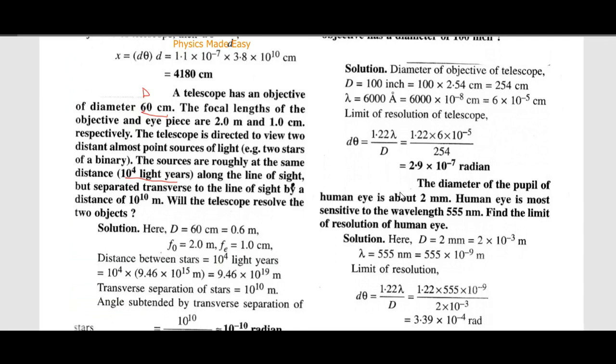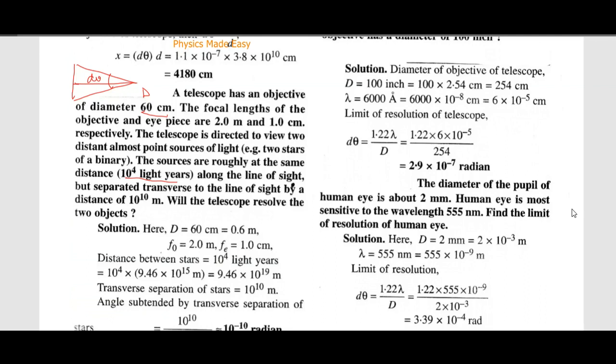Now, in this problem, what is important is he has given us this point, and then this transverse distance is given. This angle theta we want to calculate, and this distance is also given, 10 raised to power 4 light years.